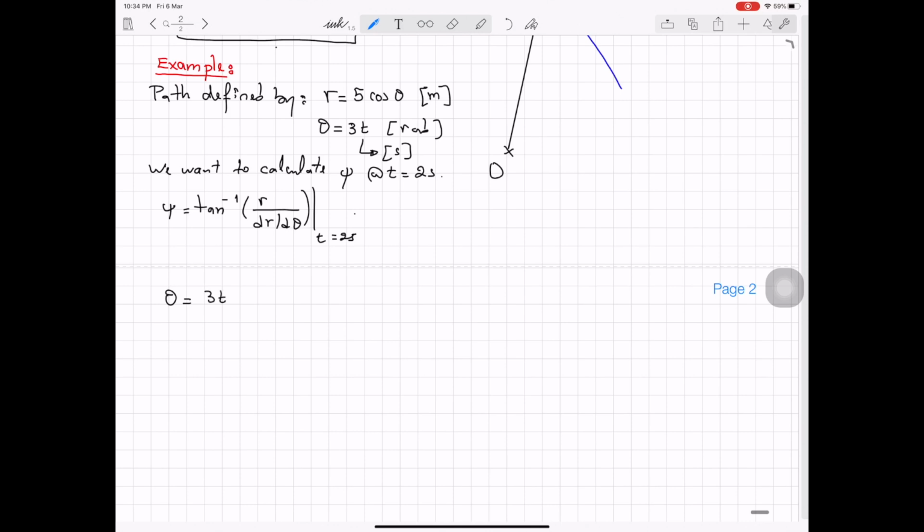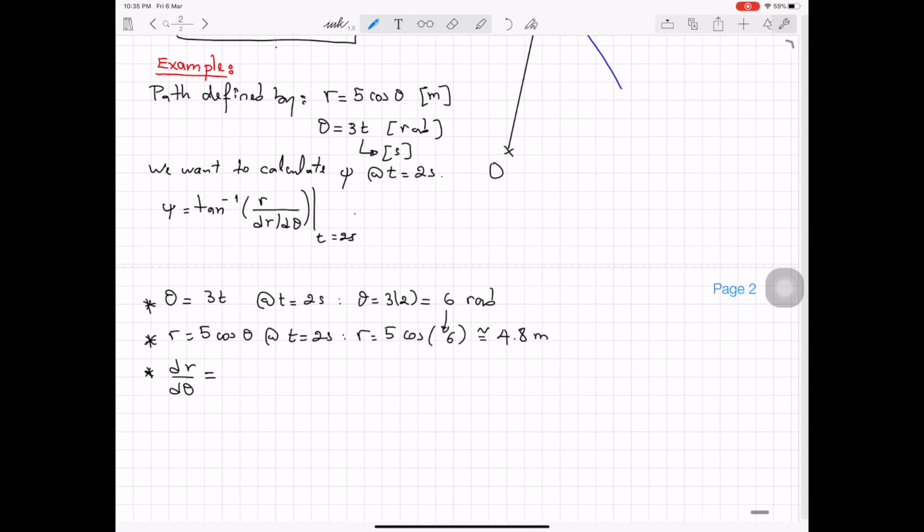We have theta equal to 3t, and at t equal to 2 seconds, theta is equal to 3 times 2, which gives me 6 radians. r is equal to 5 cosine theta, and at t equal to 2 seconds, r is equal to 5 cosine 6 radians. Cosine 6 times 5 gives me 4.8 meters.